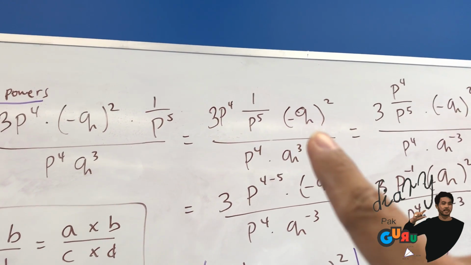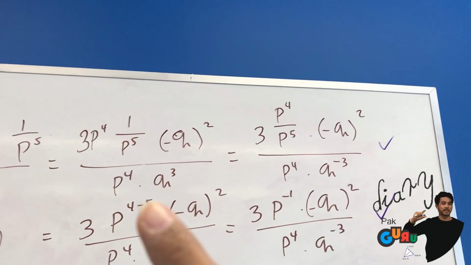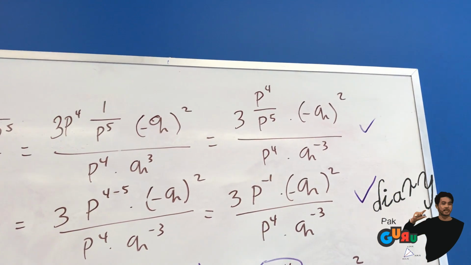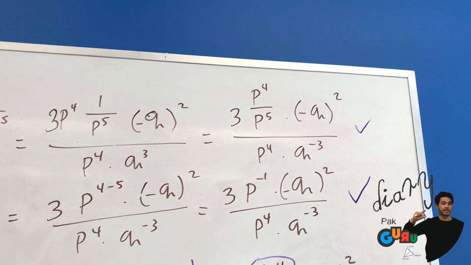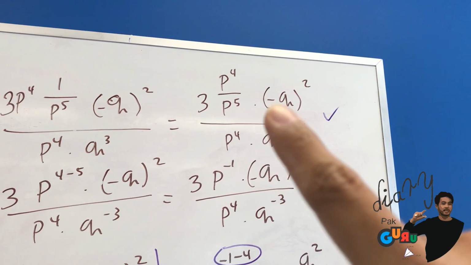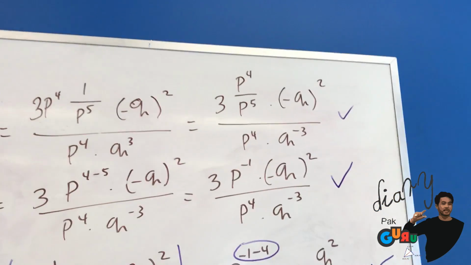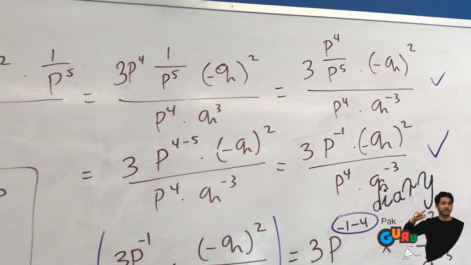We move to this part using the second principle, and then we get 3p to the fourth over p to the fifth times the same thing. We're focusing on this part, and then we move to the next part.